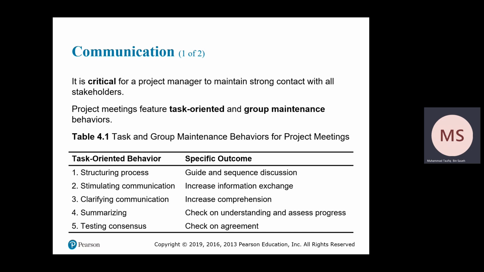So if you cannot communicate effectively to deliver whatever instruction, whatever knowledge to the personnel, it will become a disaster for the project, because people maybe will misunderstand your instruction. They will do the opposite of what you want them to do. So it is critical for a project manager to maintain strong contact with all stakeholders.